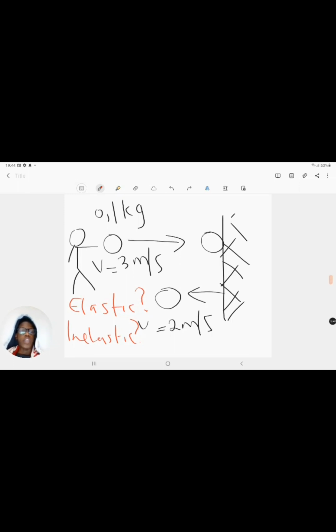But if we had to prove that mathematically, then you would just say, okay, so I've got my ball. My ball has a mass of 0.1 kilograms, and my initial velocity is 3 meters per second. This is the velocity at which the ball approached the wall.